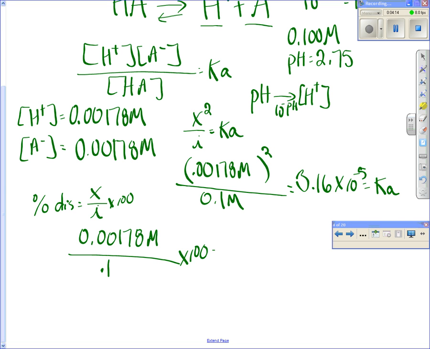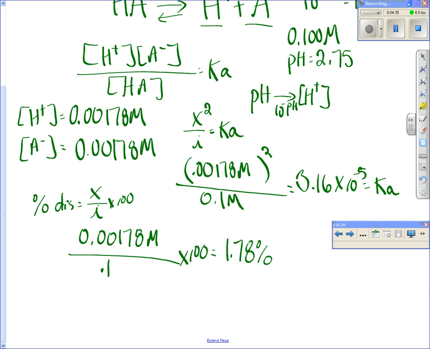This is also the 5% rule. As long as this is less than 5%, I know I can just ignore the fact that initial minus x doesn't matter. It works out to only ionize 1.78%. So that is my percent dissociation or percent ionization.